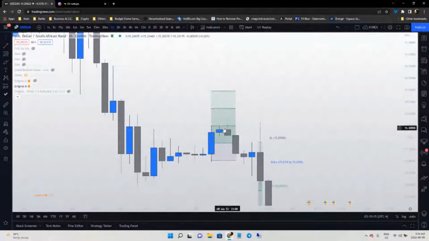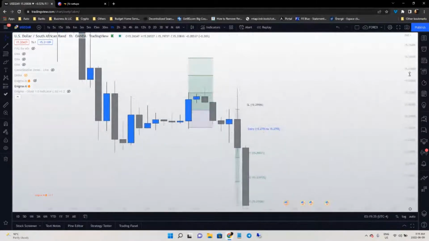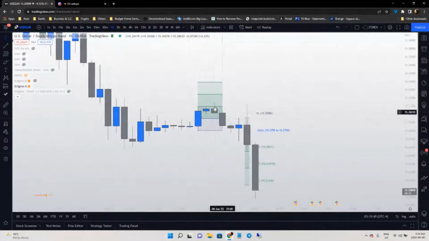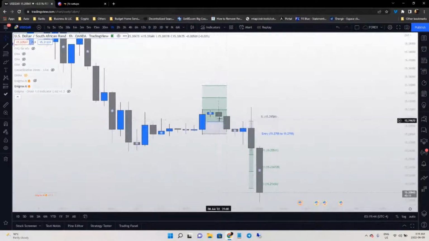I want to make sure that the first take profit is a little bit further away, to have a better movement. On top of that, the overall trend was a downtrend, so I wouldn't take that trade at all.